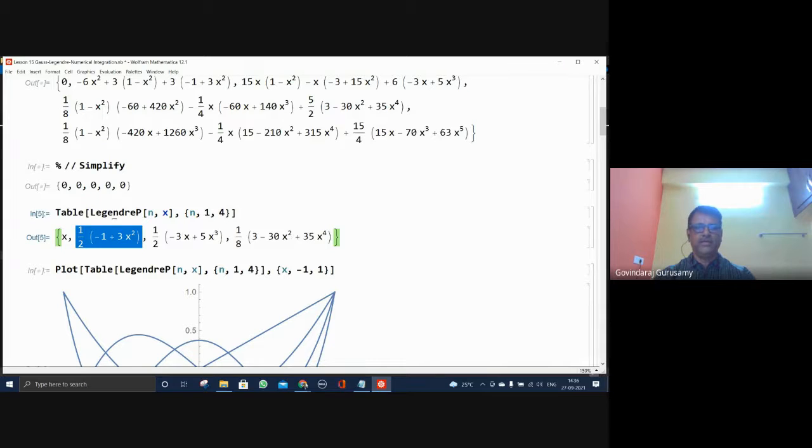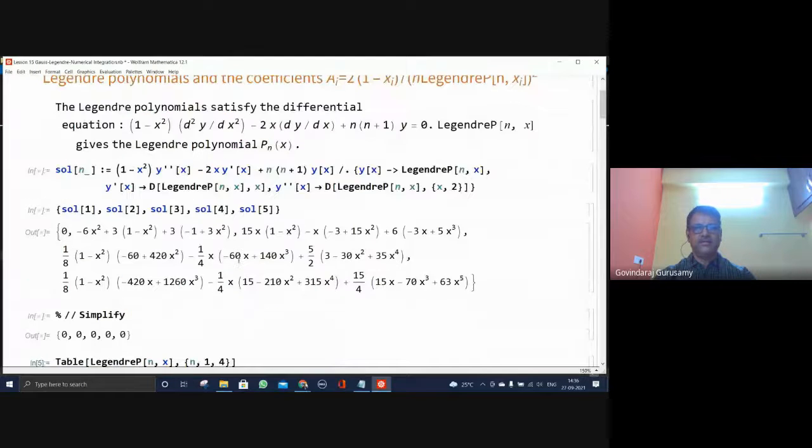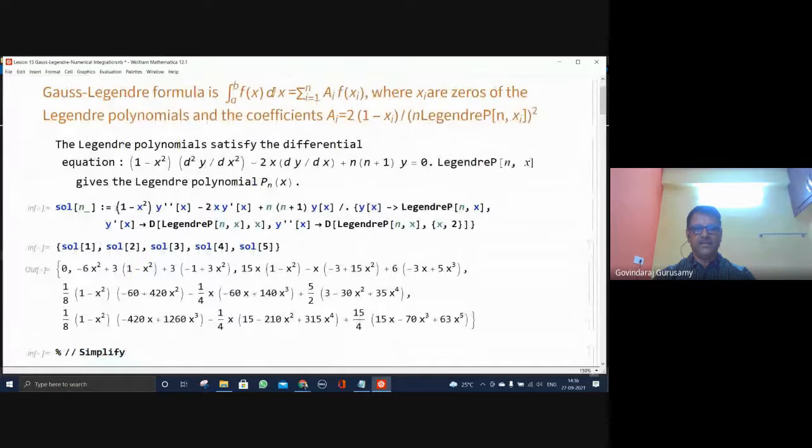You can have any number which you like. Those solutions are substituted into this differential equation. They are all solutions to this differential equation. That's why they are all special functions.